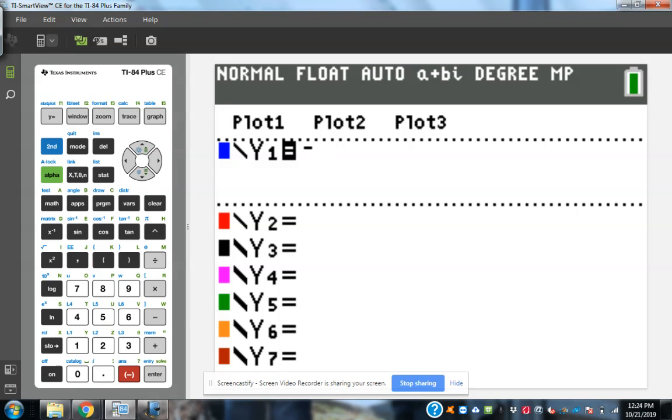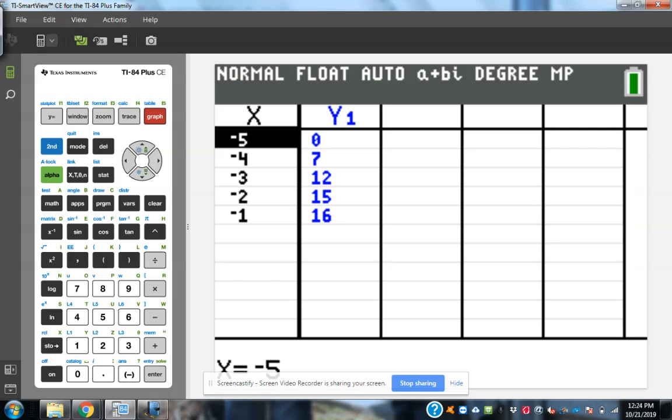Negative sign, parentheses, x plus 5, close parentheses, open up another set, x minus 3, close the parentheses. And now I want to hit second graph, and I'm going to type in -1 for the x. And it gives me the y value, 16.